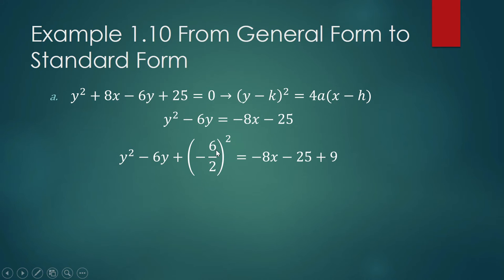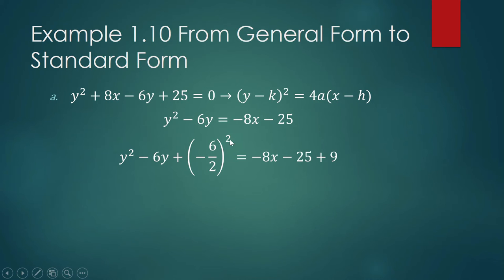That's -6. That is actually the coefficient of our linear term. The coefficient of our linear term here is -6. What did we do? We divide it by 2, we square the whole thing, and we add it to these two terms. Why did we do that? Because that is how you do completing the square.